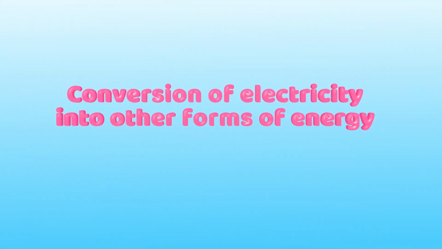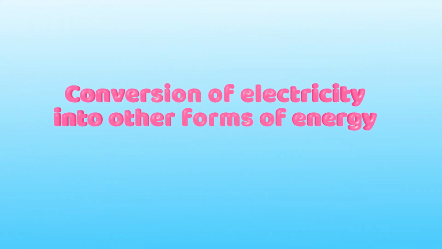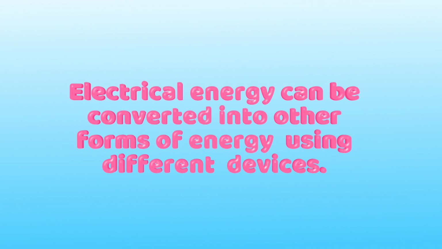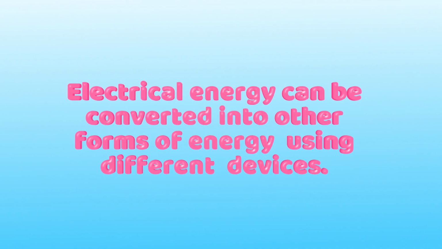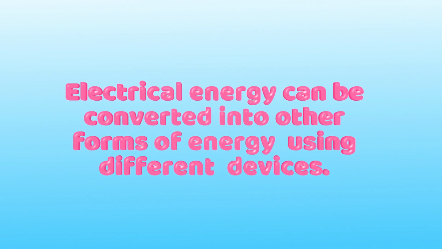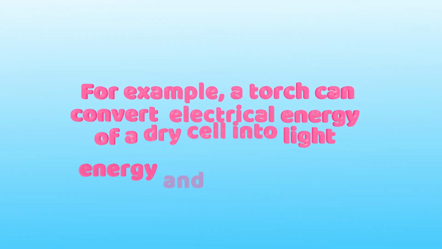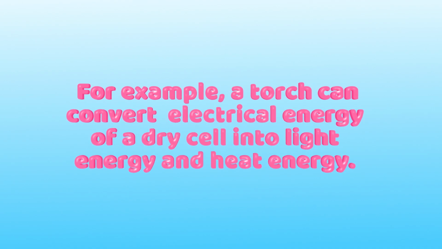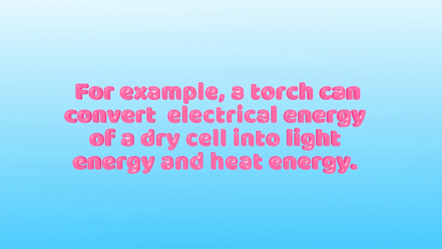And lastly, let's look at the conversion of electricity into other forms of energy. The electrical energy can be converted into other forms of energy using different devices. For example, a torch can convert electrical energy of a dry cell into light energy and heat energy.